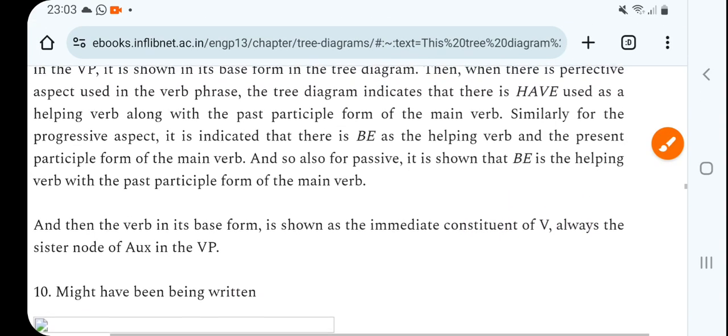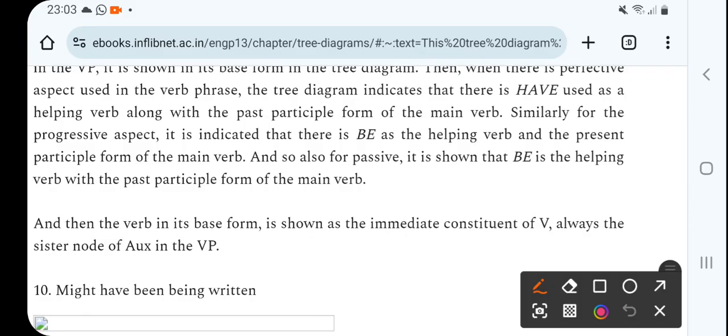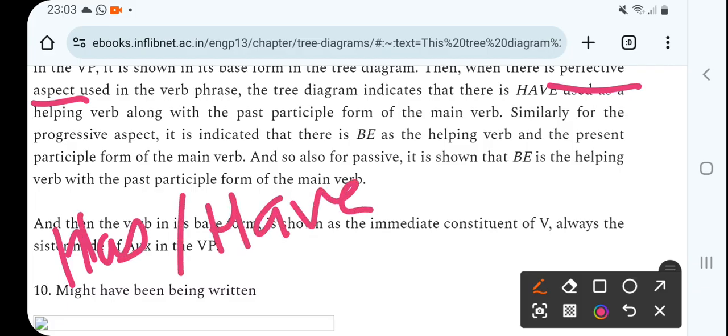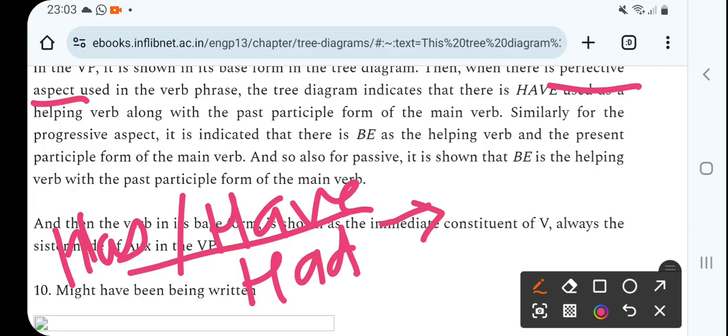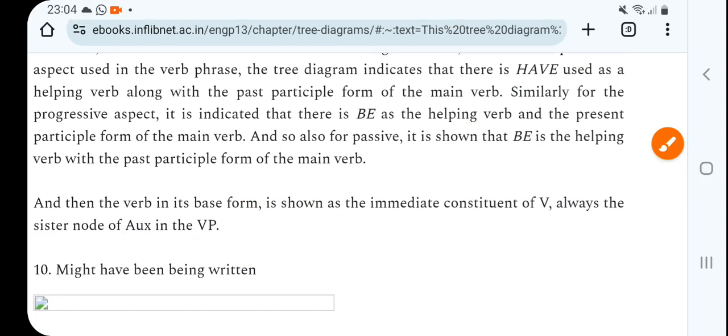Wait a minute, first let me tell you what perfective aspect is. Perfective aspect means has, have, had will be followed by the third form of the main verb, and which is called perfective aspect. Okay, the same they are telling in the verb phrase.